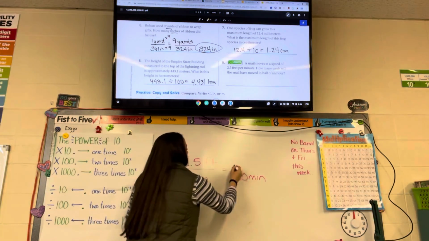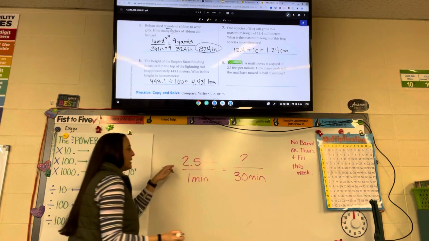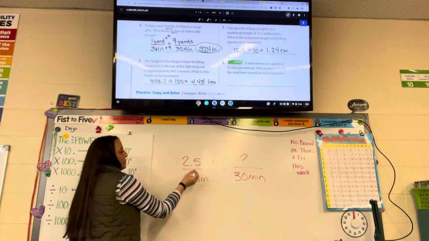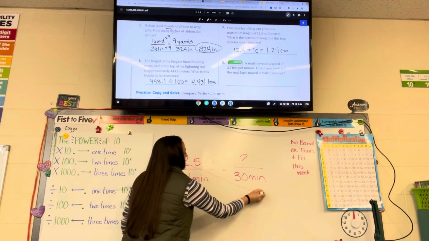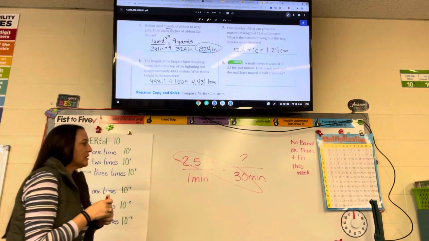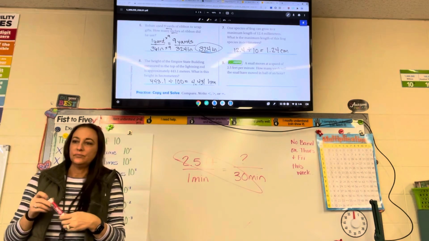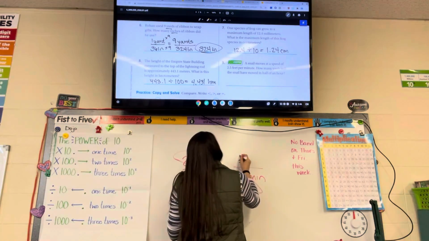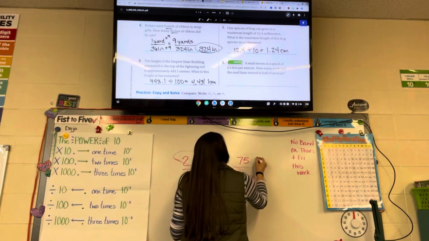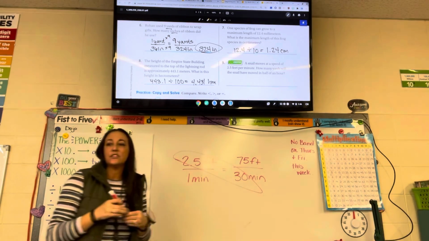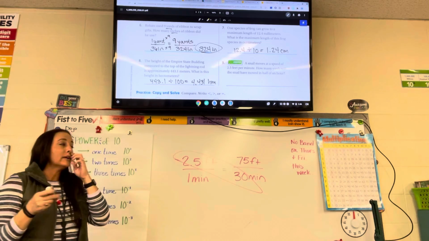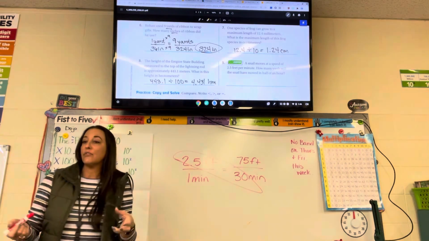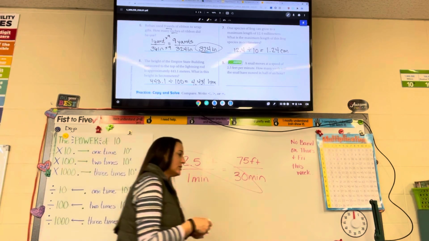So what we're going to have to do here to find out how many feet he travels in 30 minutes, we're going to have to multiply 2.5 times 30. What's that give you? 75. So in 30 minutes, he travels 75 feet. So that's the first conversion that we have to use for this one. Then we can convert 75 feet into yards.